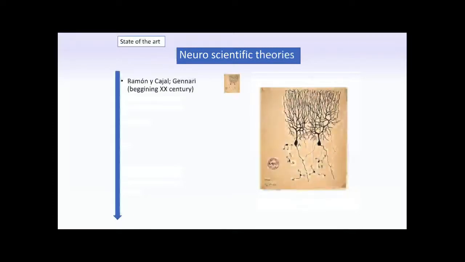The neuroscientific theories regarding this new proposal can be traced back to the study of Ramon y Cajal. But in contrast to what is commonly seen in the computer science community, we are not using neural networks.